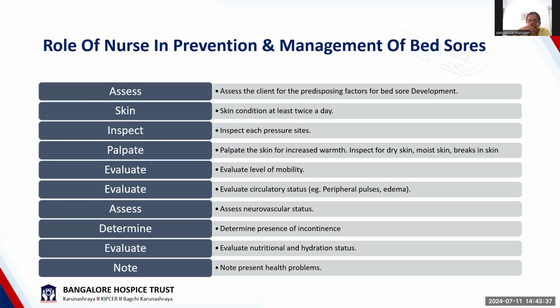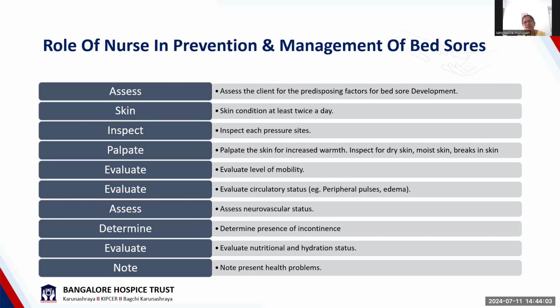Evaluate the mobility of the patient, and with a nurse's support, make the patient move, take the patient to a wheelchair, make them sit, change the position. Check their circulatory status, how good their movements are, if the patient has any edema, and the neurovascular status, because a patient with a neurological condition has to be bed bound, right?